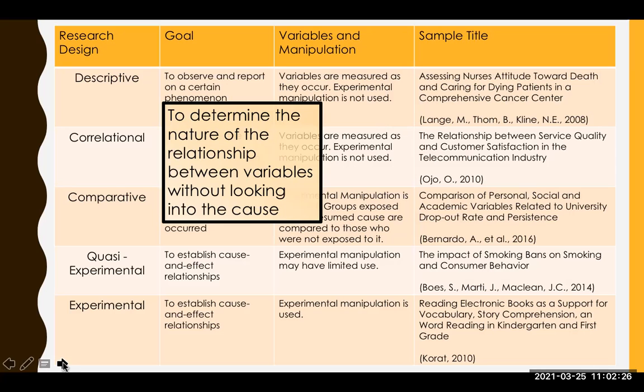Same as with descriptive, it does not seek to establish a cause-effect relationship, but mere association among variables. Like in descriptive type, experimental manipulation is not used in the correlational research design. So there is no concept of experimentation, for variables are still measured as they occur.